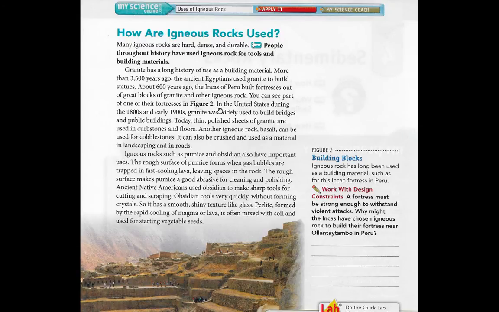In the United States, during the 1800s and the early 1900s, granite was widely used to build bridges and public buildings. Today, thin, polished sheets of granite are used in curbstones and floors. Other igneous rocks, such as basalt, can be used for cobblestones. It can also be crushed and used as a material in landscaping and in roads.